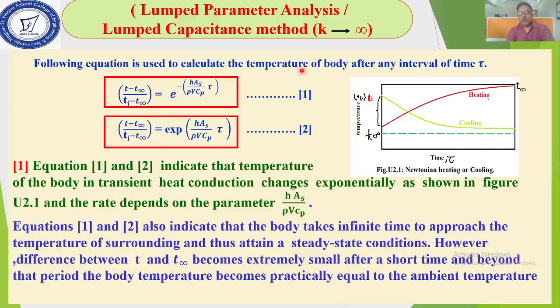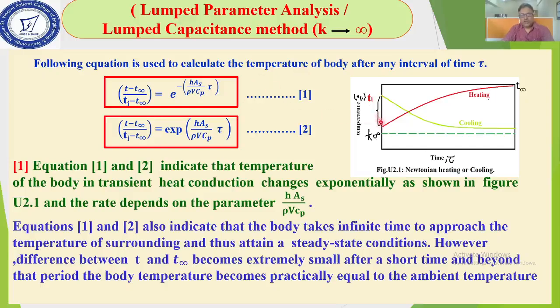Equation 1 and 2 and figure U 2.1 also indicate that it takes infinite time for the temperature of the body to become equal to the temperature of the surrounding environment and to attain a steady state condition thereafter.